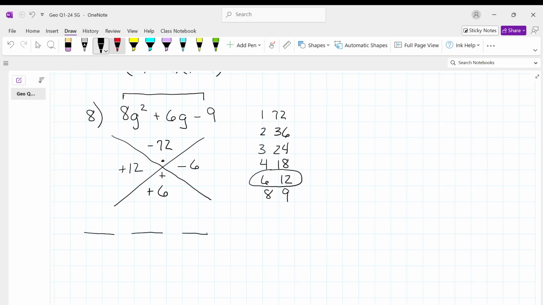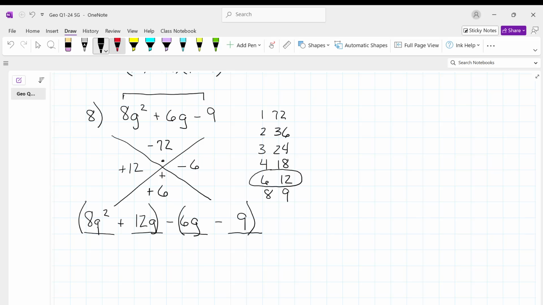So let's fill in these blanks. The 8g squared goes first. The minus 9 goes last. We go plus 12g and minus 6g. Group them, and then factor each group.